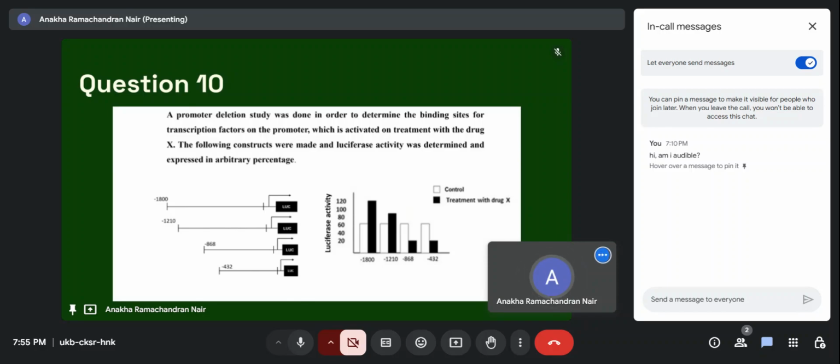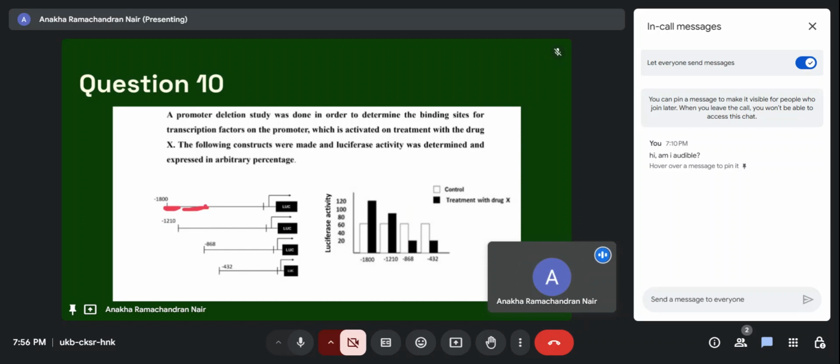Once you delete the portion between 868 and 430, you don't see any more decreases. So the amount of luciferase formed is the same, right? That means there is no more activator in that region. So from the study we can tell that this area and this area had binding sites for activators.